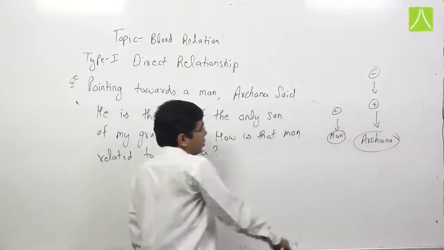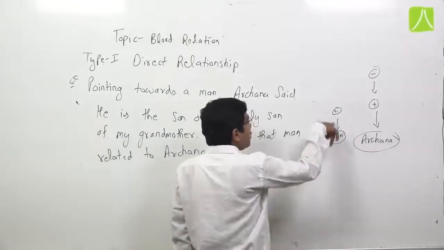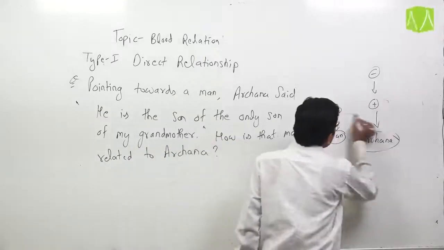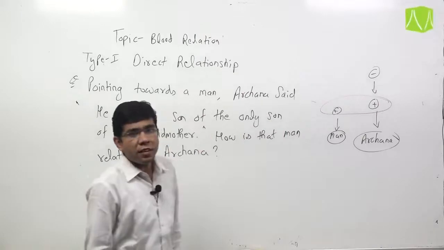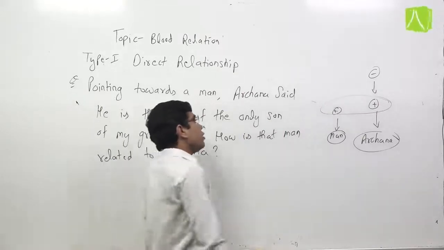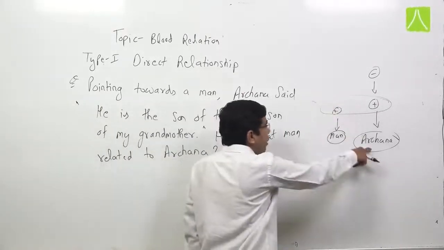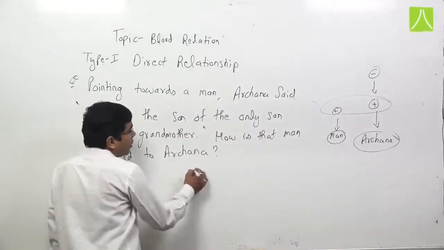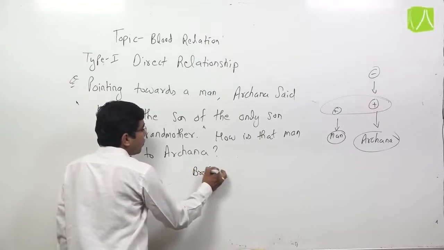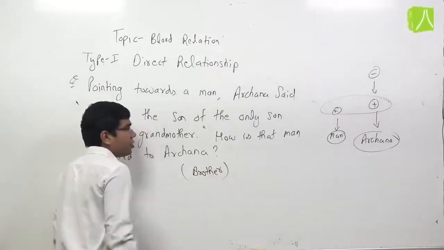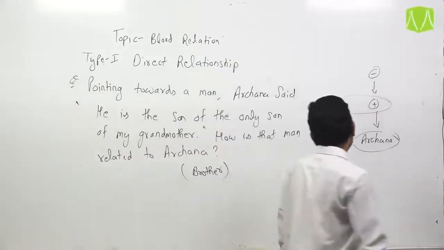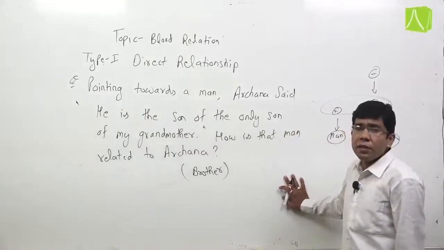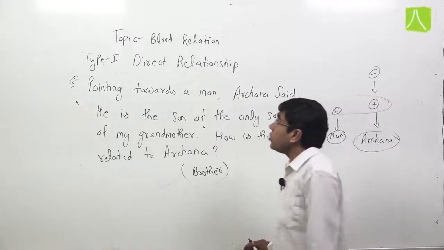So this man's father is the only son of Archana's grandmother, which means both persons are the same. So the father of this man and the father of Archana are the same. So this man is the brother of Archana. For this question, our answer is brother. These types of questions are based on direct relationship.